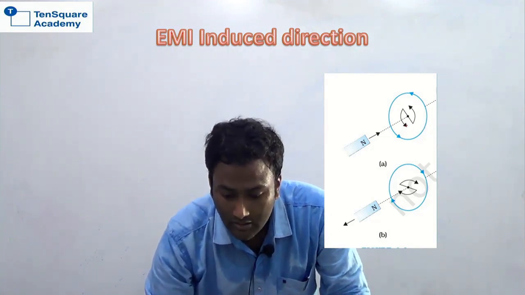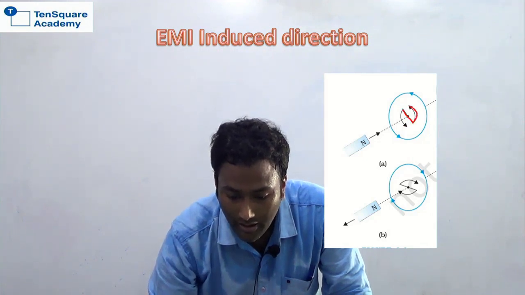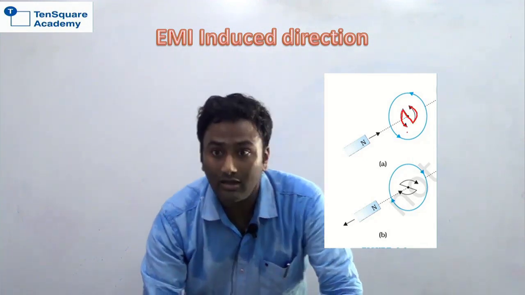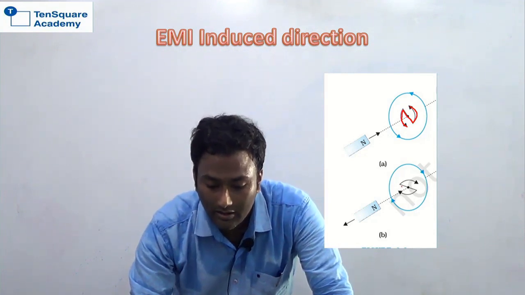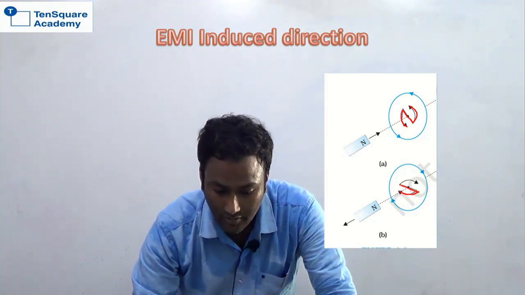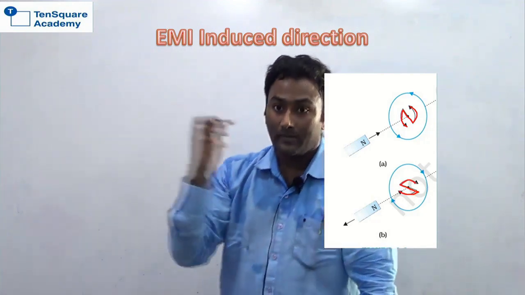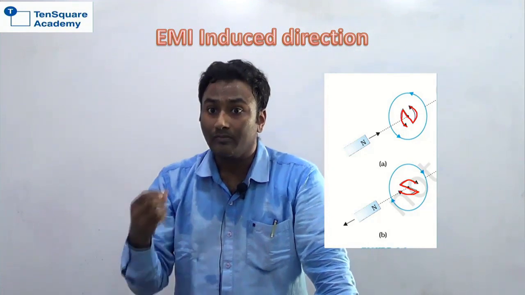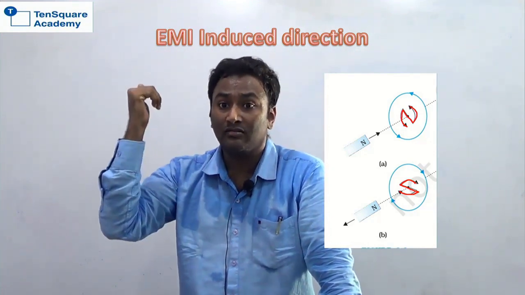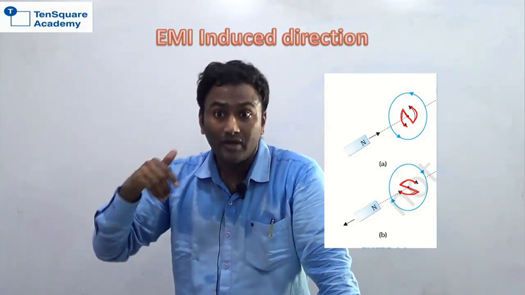If you observe, the anti-clockwise actually looks like N, so N denotes anti-clockwise, and the clockwise actually looks like S. You can remember it this way: if it is south, then it means there is a decrease in the flux, or the north is going away, or the south is coming in.